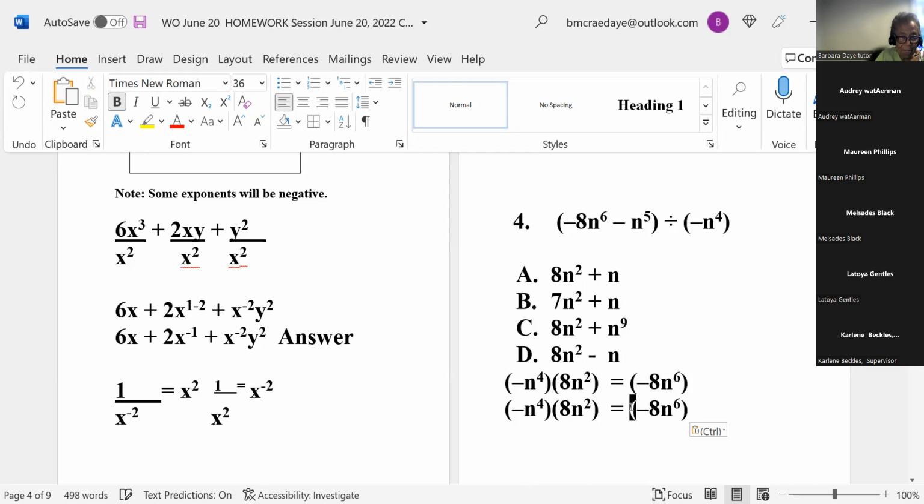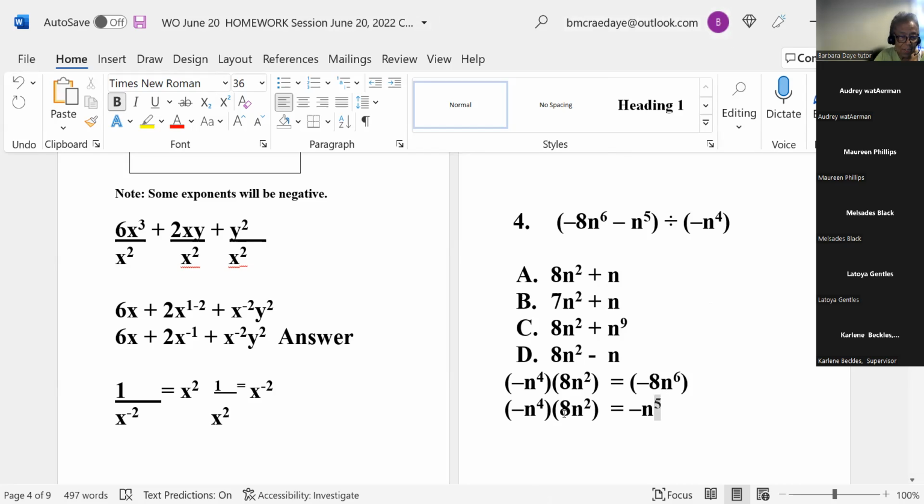All right. So now I want to get minus n to the 5th. So let me just take that out and put n to the 5th. And we don't need the parentheses. Okay, so that's a 5. Okay, Maureen. Now I want to get minus n to the 5th, right?